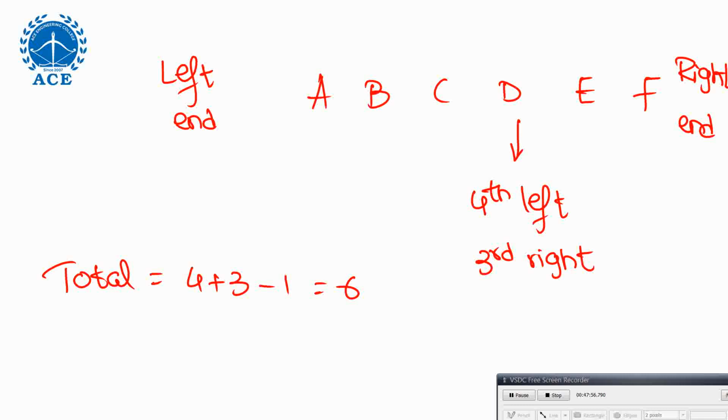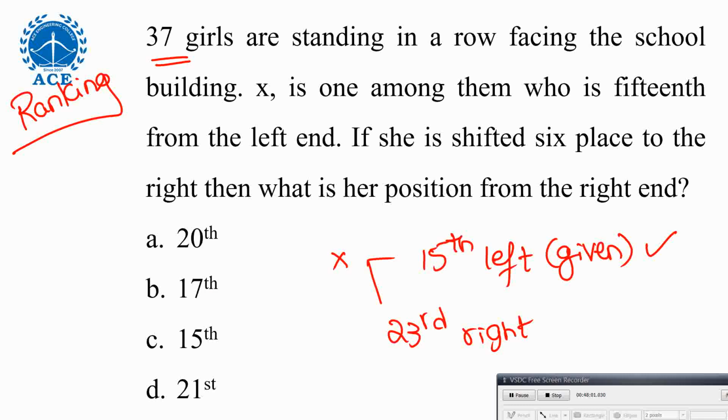If they had given this simply, okay, but they added one more extra point there: she shifted 6 places to the right. When I go towards the right side, am I near to the right hand or the left hand? Near to the right hand. So 23 minus 6 is your answer. See, X is 15th from the left side, 23rd from the right side.